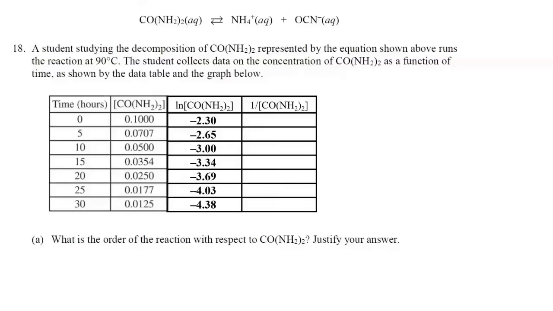Now, I will fill in the other column by doing 1 divided by the concentration. So 1 divided by 0.1 is 10. 1 divided by 0.0707 is equal to 14.1. 1 divided by 0.05 is equal to 20. 1 divided by 0.0354 is equal to 28.2.